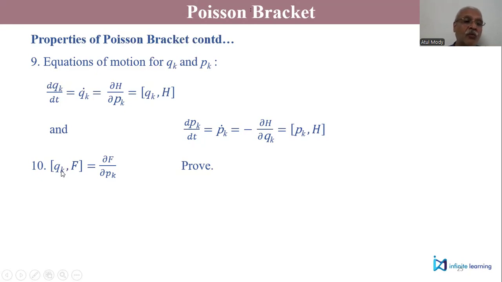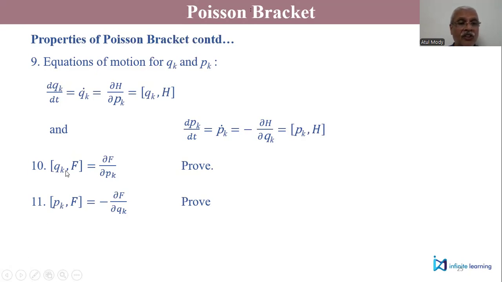There is an interesting one. Commutator of coordinate with a function is derivative of function with respect to the corresponding momentum. And for momentum with that function, it is negative of derivative of f with respect to q.